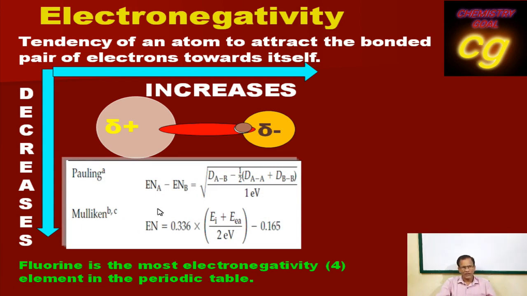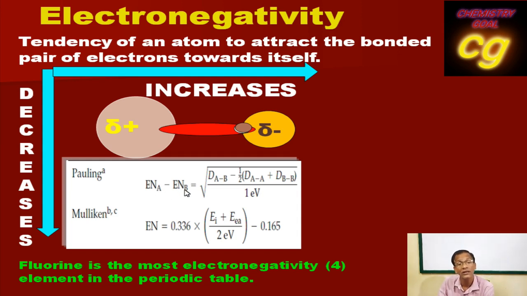In the Pauling scale, it is expressed like this: the difference of electronegativity of two bonded atoms, Ea minus Eb, is equal to the bond dissociation energy of AB minus half of the sum of the bond energy of A2 molecule and the bond energy of B2 molecule.